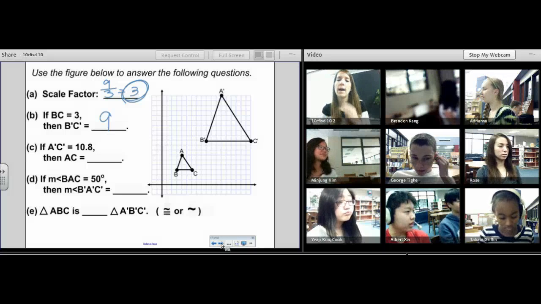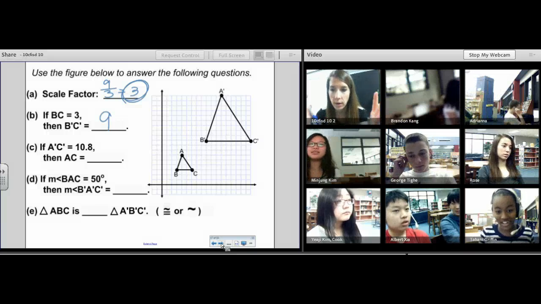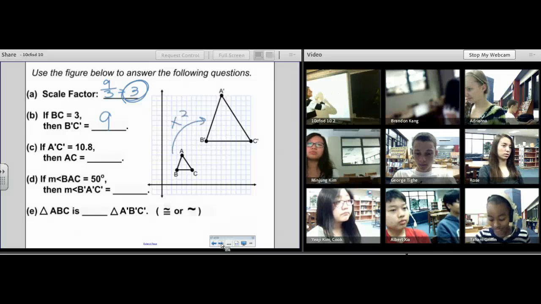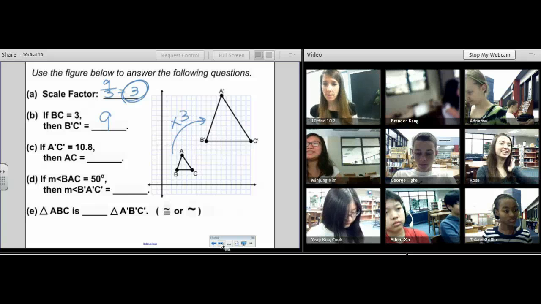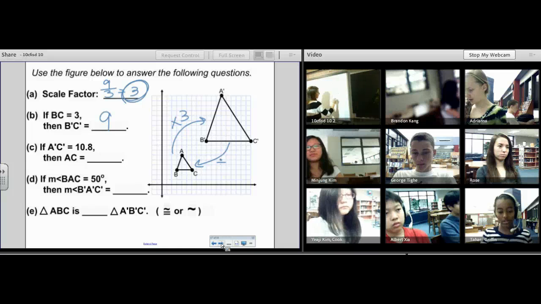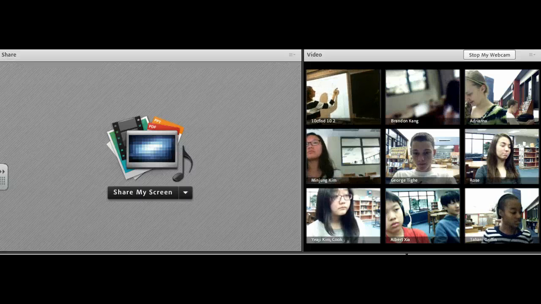Okay, so how scale factors work. If you're going forward, you multiply by 3. If you're going from here to here, you multiply by 3 because 3 is our scale factor. If you're going backwards, you want to divide by the scale factor. So if you're going from here to here, you're dividing by 3. So A prime C prime is 10.8.